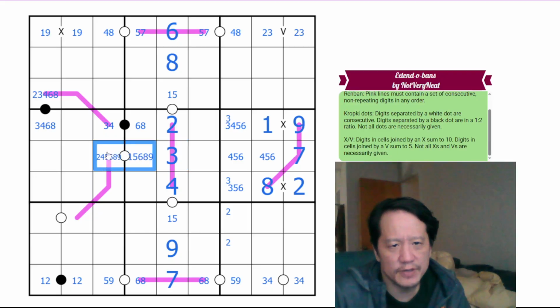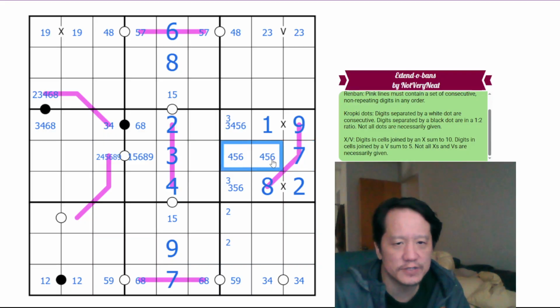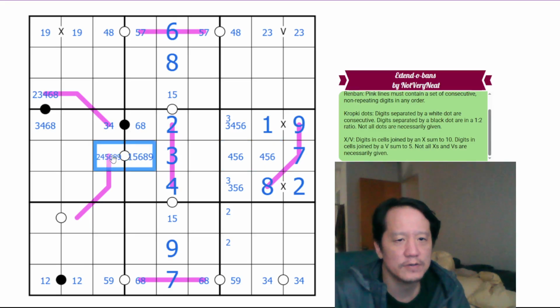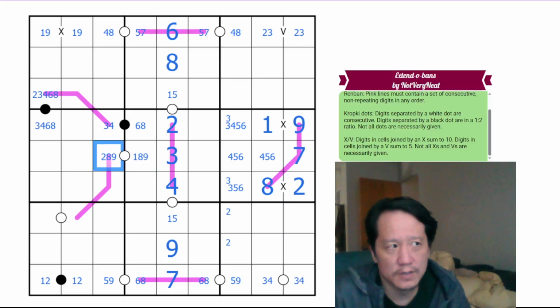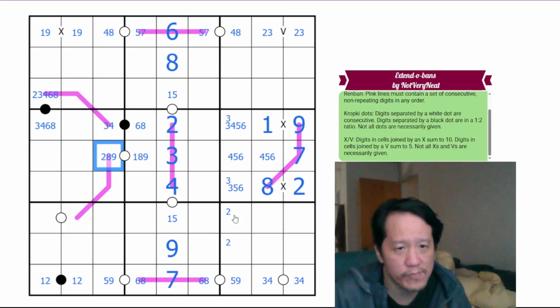This cannot be 4, 5 or 5, 6 anymore because that would eliminate 4, 5 or 5, 6 in the rest of the row, which would force us to be 2 6s or 2 4s, which is not allowed. So this can only be 1, 2, or 8, 9. So obviously 2 can't be there, or it's 8, 9. Interesting.